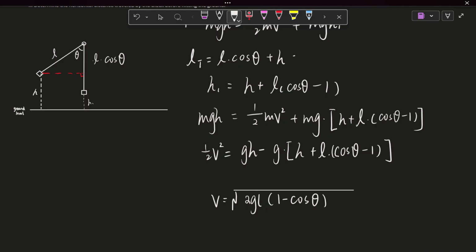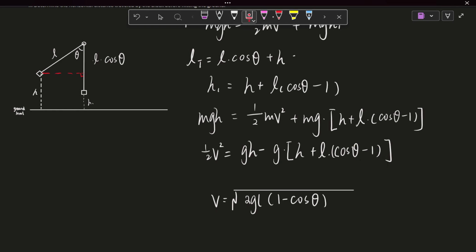Well, if you're confused on why I got this answer, you can simply see that gh can be canceled out, right? Because it's a plus gh minus gh here. And then after we cancel these out, the only thing left will be L times (cosine theta minus 1). However, cosine theta minus 1 will always be negative. So after we flip it to 1 minus cosine theta, the negative sign in front of it will disappear.